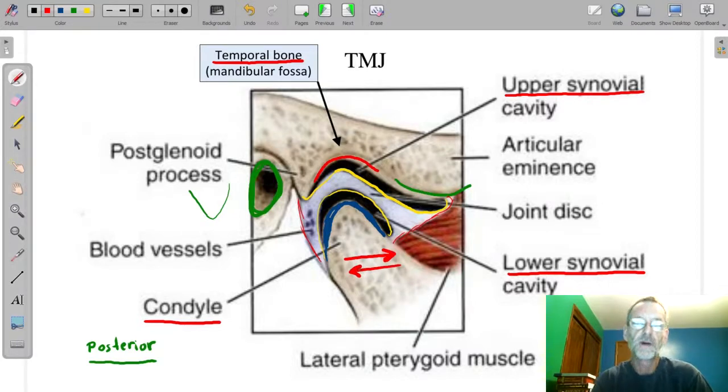And we've talked about the muscles that produce those two movements. So remember that. So that's pretty much the basic structure of the TMJ that you need to have in mind when you read that section in Chapter 5 and as we go through this section.